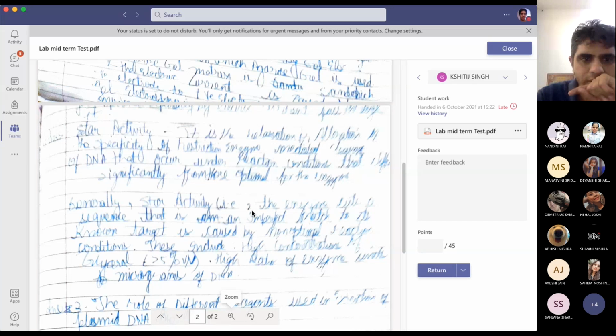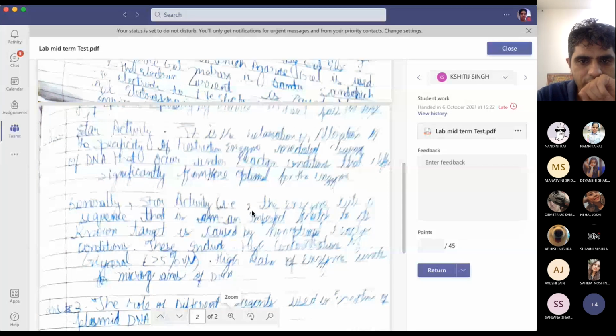Mediated cleavage of DNA that occurs under reaction conditions that differ significantly from those optimal for the enzyme. Okay, so continue.